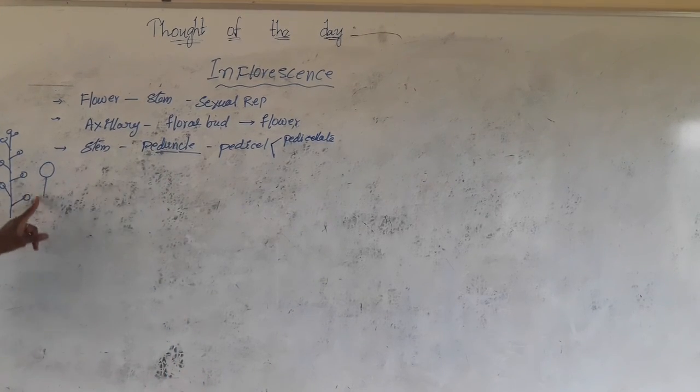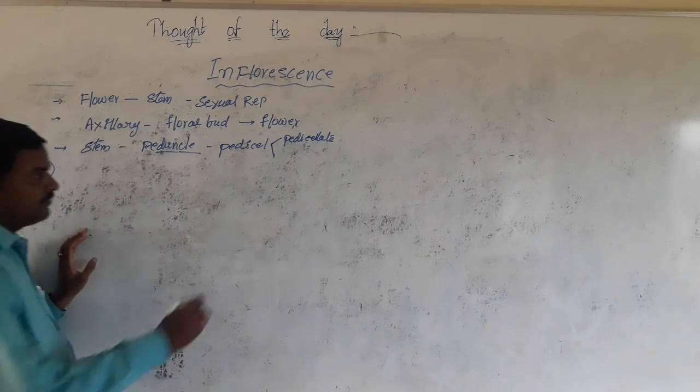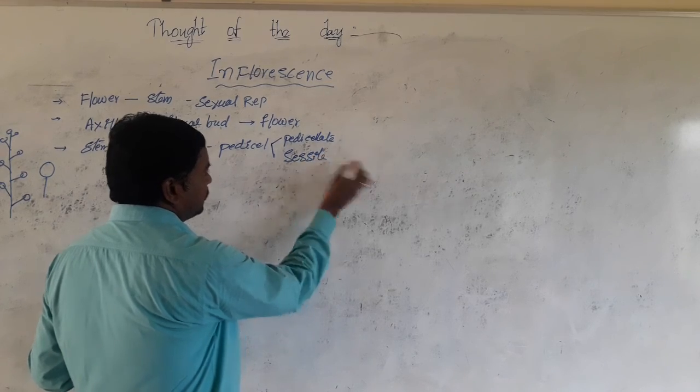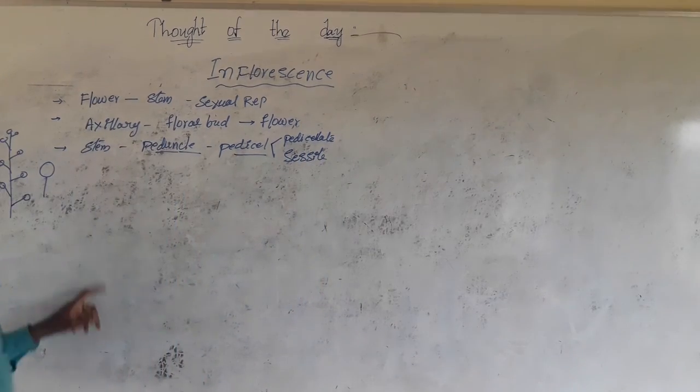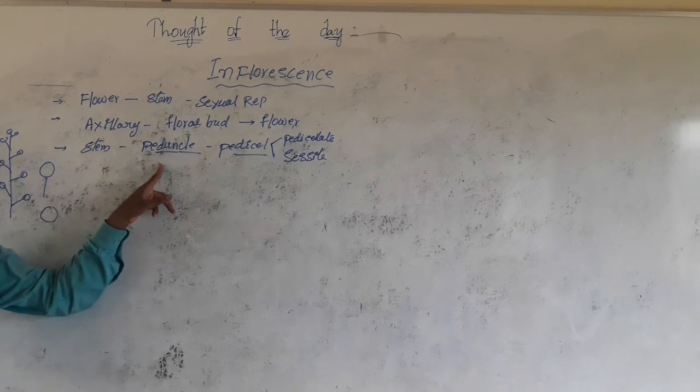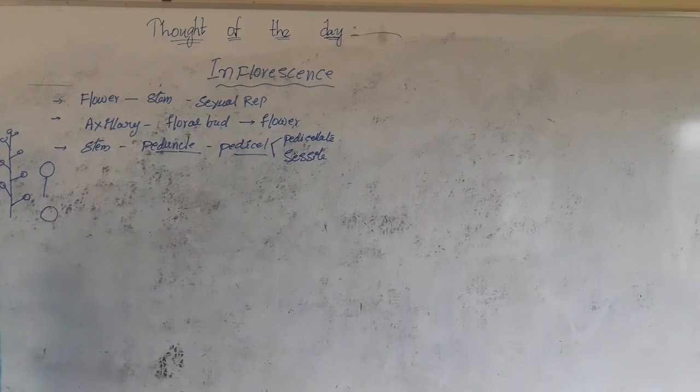This is the flower, this is the pedicel. At the same time, flower without pedicel is called a sessile flower. No stalk. In this way, the modified stem that bears a group of flowers is called peduncle.